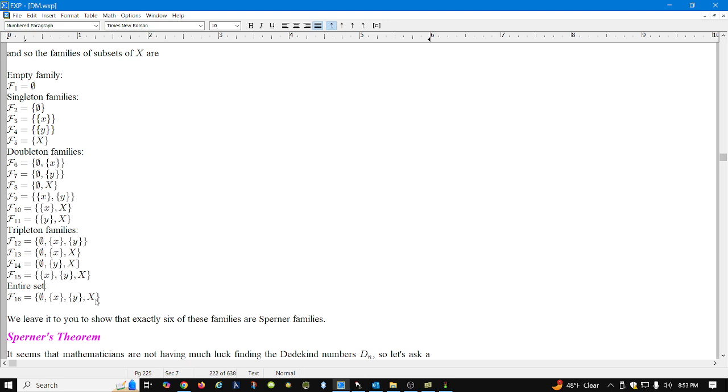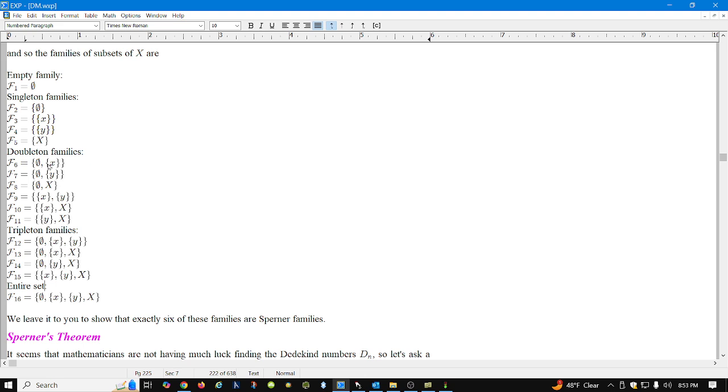Well, I'm going to let you go through this list and pick out the Sperner families, or antichains. One thing that's very helpful in doing this is if the family contains the empty subset, unless that's all by itself, it's not a Sperner family.